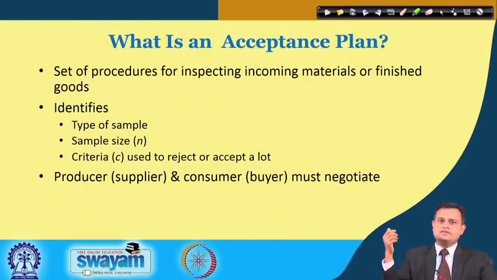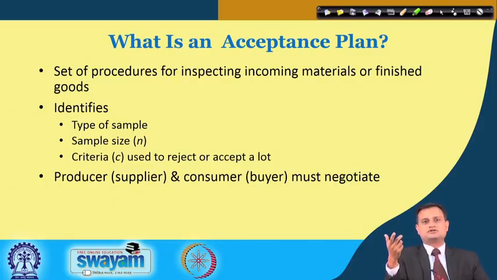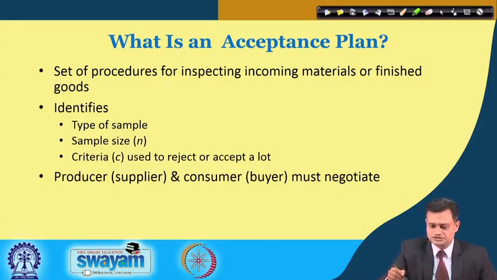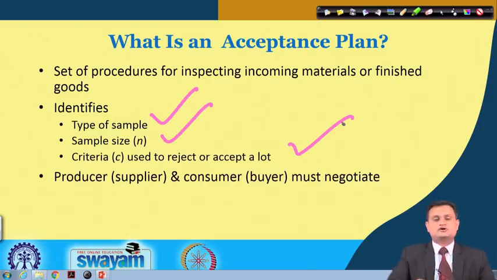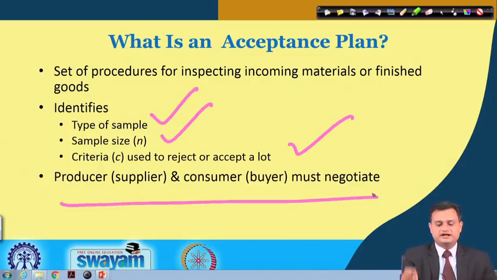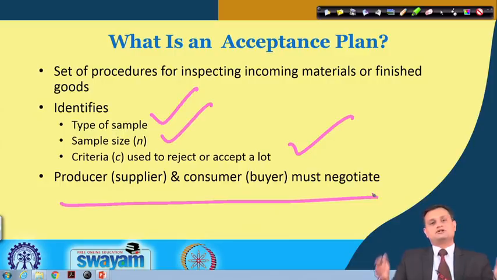So typically a couple of points that I consider when I talk about the design of the acceptance sampling plan include the type of sample, sample size, criteria used to reject or accept the lot, and most importantly, producer and consumer must negotiate, because when you go for sampling, they both have to accept some amount of risk, that is the stipulated risk, and this risk is called consumer's risk and producer's risk, and they must agree and negotiate on this, so that even if there is a probability of making some wrong decision, it should be acceptable to both the parties.